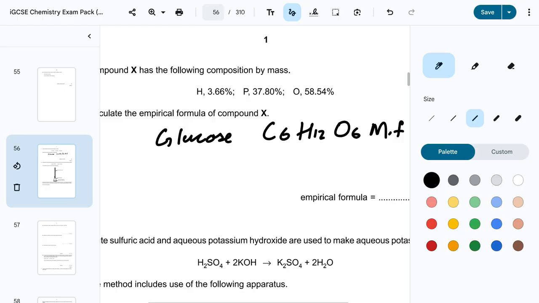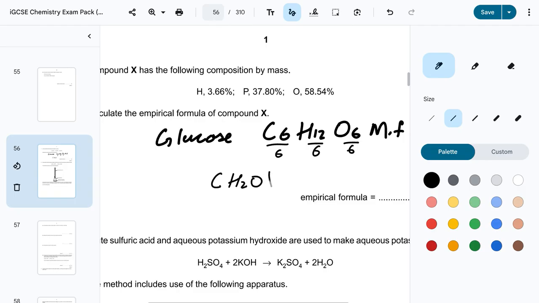But if you take the simplest ratio of the molecular formula, it becomes the empirical formula. For example, if I divide this formula by 6, it becomes CH2O.